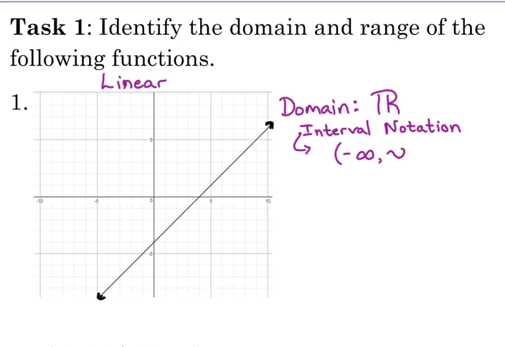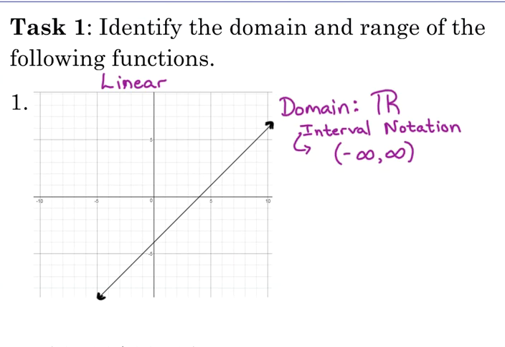It's a set of parentheses with negative infinity as the first number and positive infinity as the second number. Now, you're used to when you see something in a set of parentheses there, it means it's a point. Okay, that's not a point. This is interval notation.